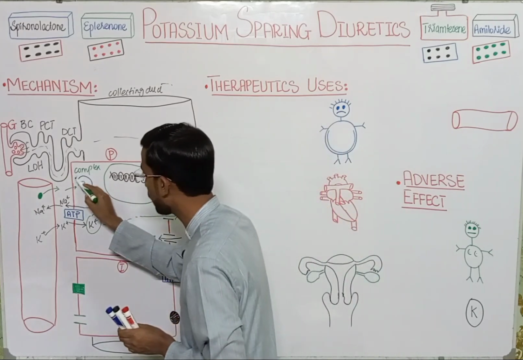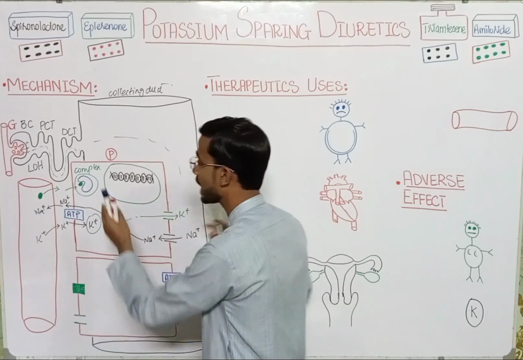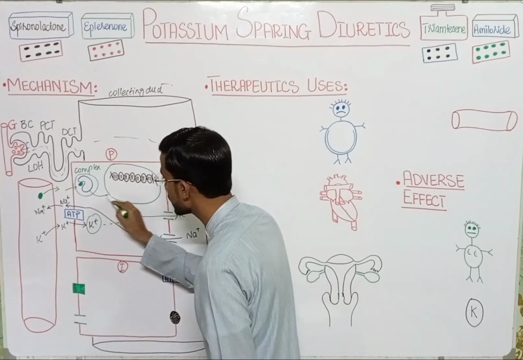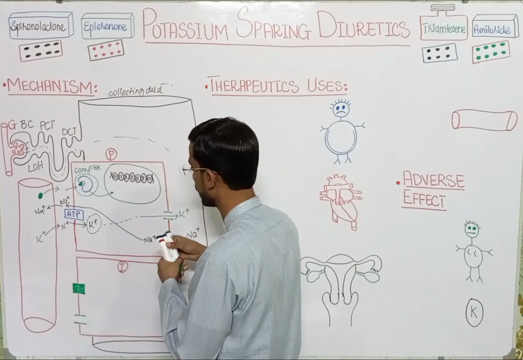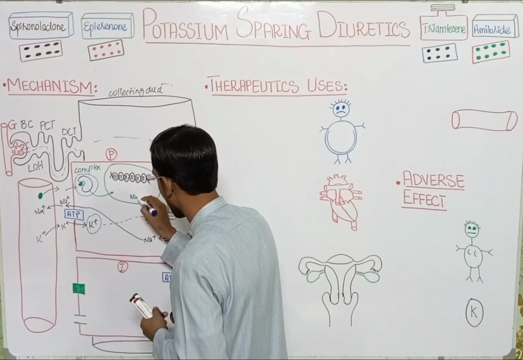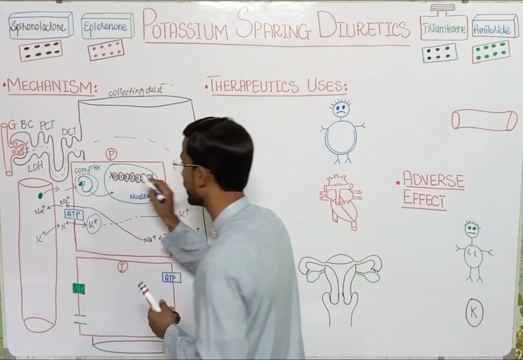Now this complex that is formed inside the cell moves into the nucleus. Here is the nucleus, and the nucleus has DNA.